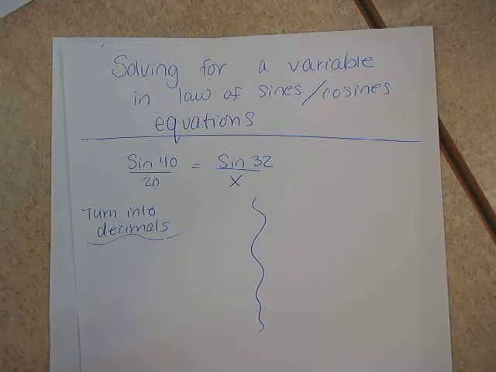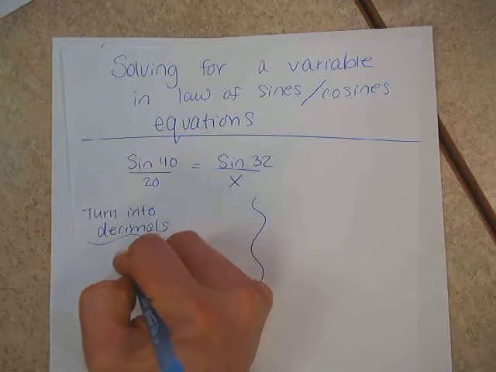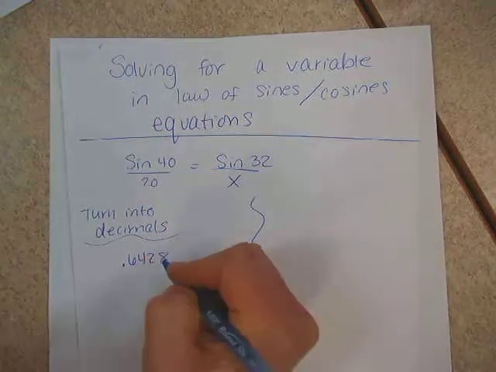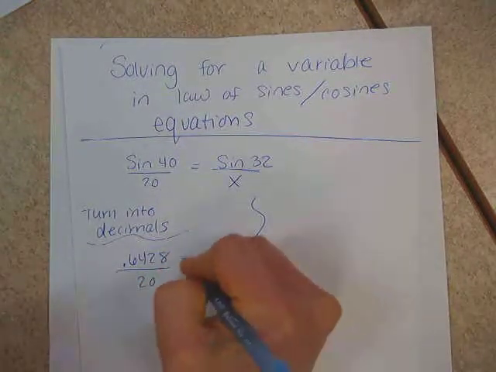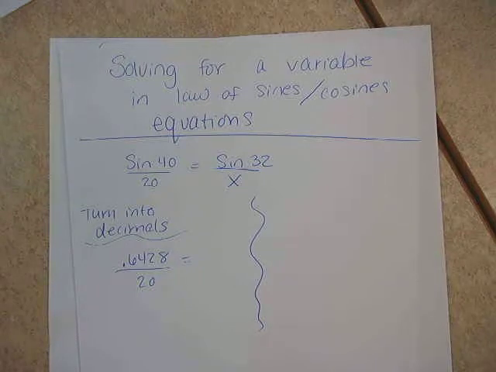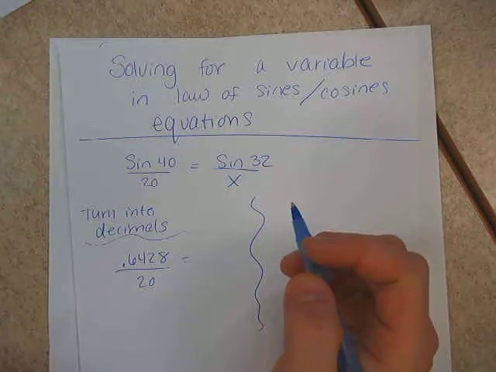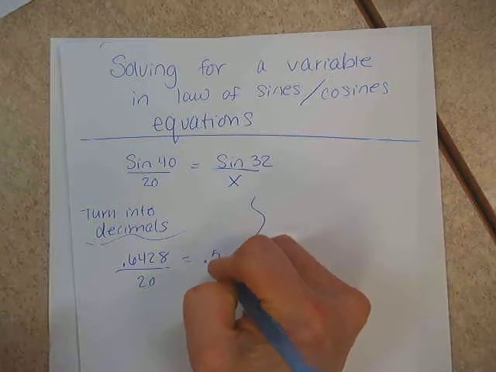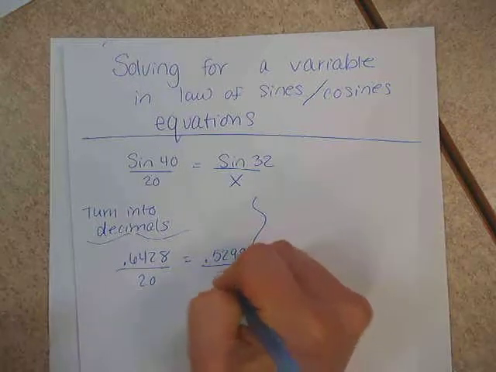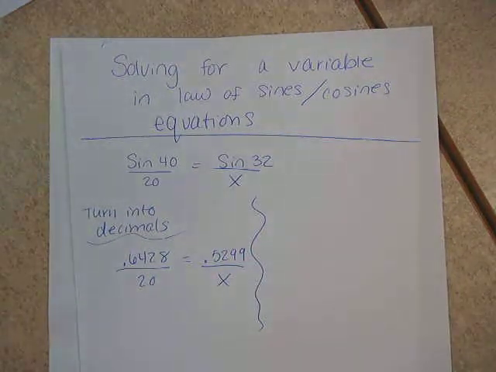I would use maybe 3 to 4 decimals to avoid too much of a rounding error. So we'll use 0.6428 over 20, and then we're going to do sine of 32. So 4 decimals on that would be 0.5299 over x.